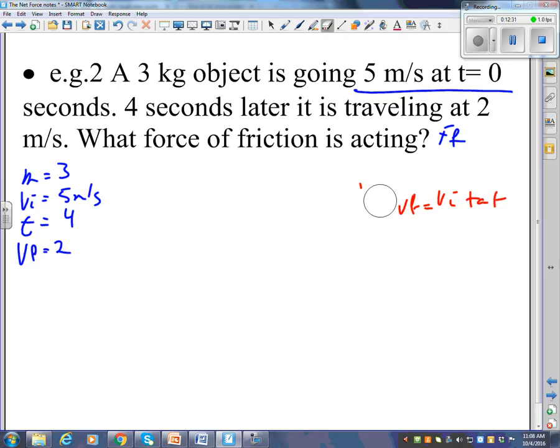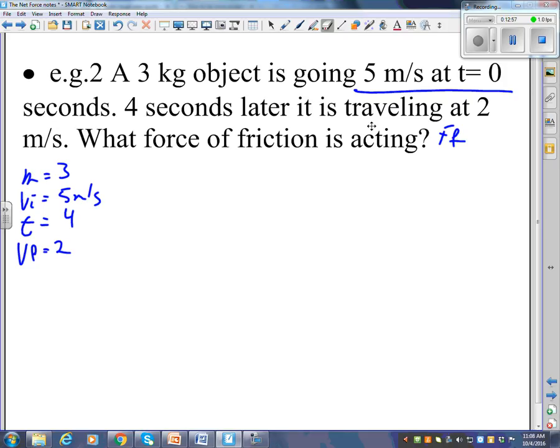Do I have the net force? I do not. Do I have any forces at all? The only one I have is friction. What happens when there's just friction present? Things slow down. Things that are already moving slow down and quite often stop. Is that what seems to be happening here? I think so.